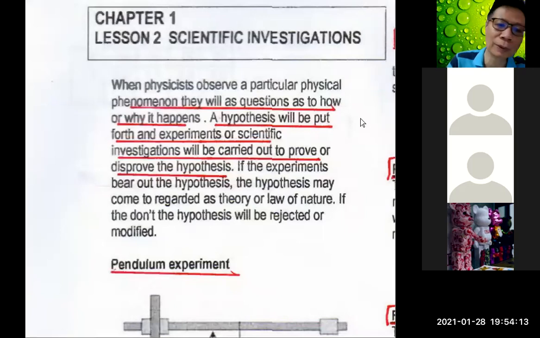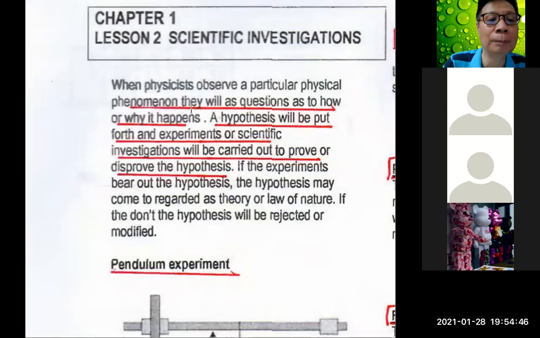So you are having a lot of question marks. To answer your questions, you must plan an experiment, then conduct the experiment, collect the data, plot the graph, and analyze the data, to prove whether what is in your mind is wrong or right. Understand? That is the purpose of doing experiments.